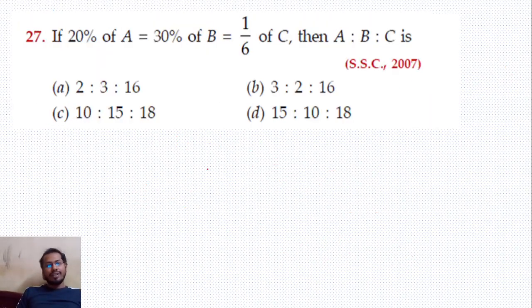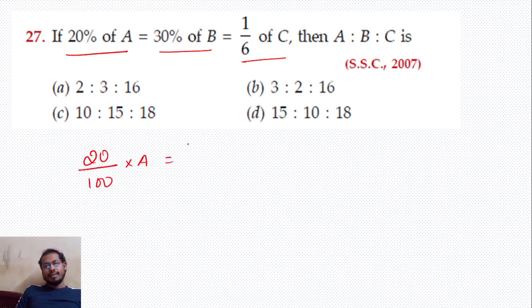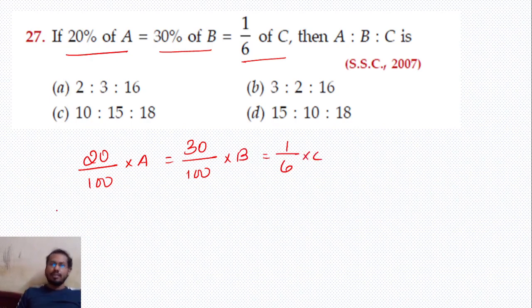Next, 27th problem. 20% of A is equal to 30% of B is equal to 1 by 6 of C. So 20 by 100 into A is equal to 30 by 100 into B is equal to 1 by 6 into C. So we can write like this, 1 by 5 A is equal to 3 by 10 B is equal to C by 6.